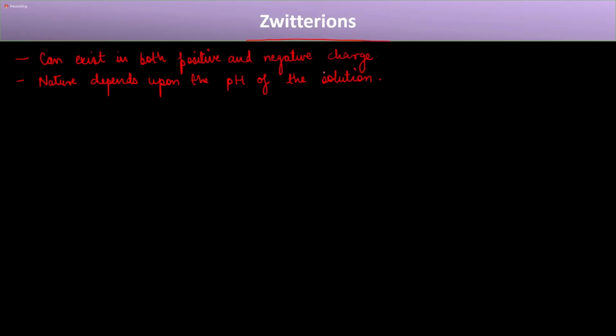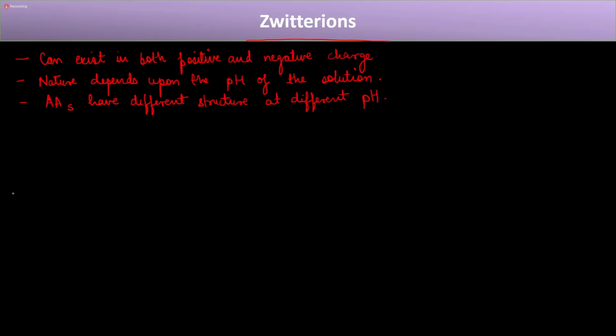Because amino acids exist as zwitter ions, you can say that amino acids have different structure at different pH, right? Because this zwitter ion structure varies with the pH of the solution.